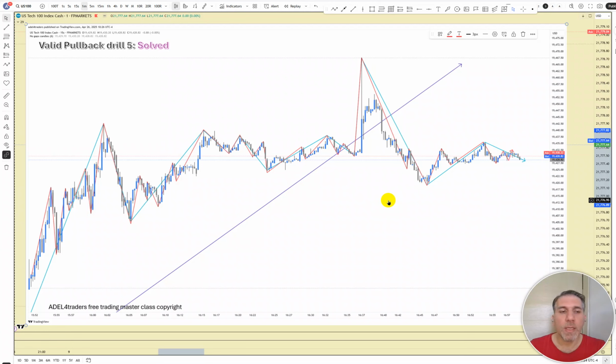Other than that, if you do some backtesting and just work on the chart bar by bar, you will see the reactions to these zones align with the trend direction. You will see that you have a very solid mechanical way of trading, which has a huge win rate and reward to risk.